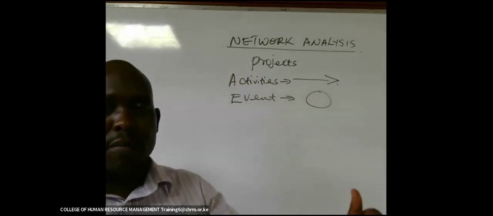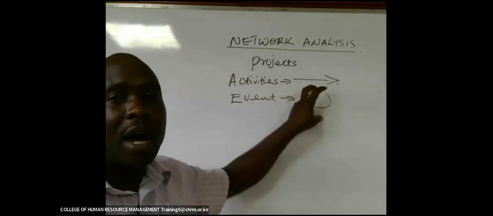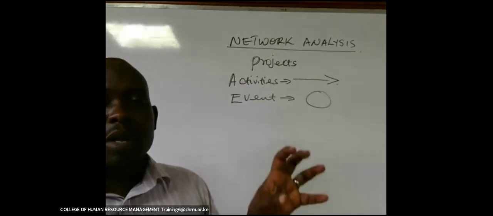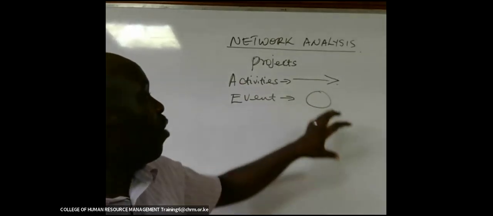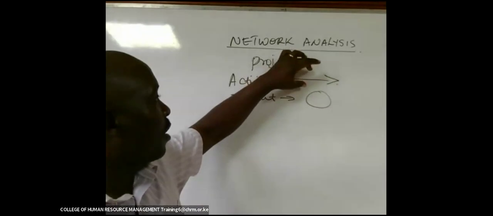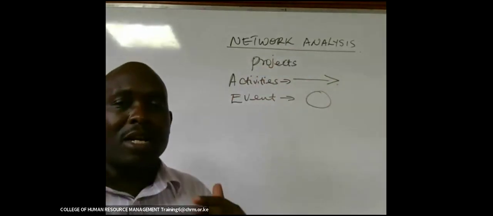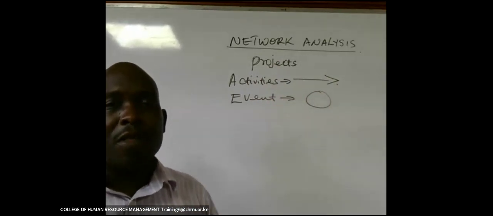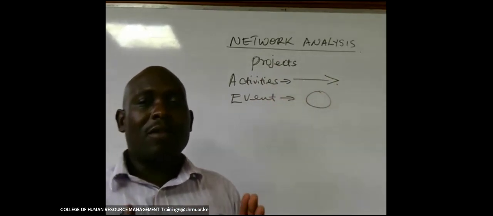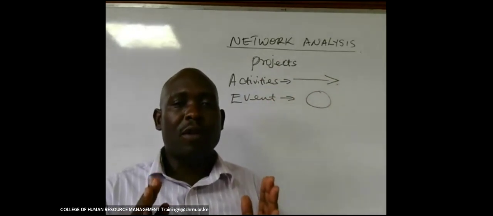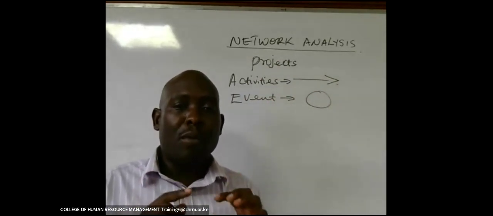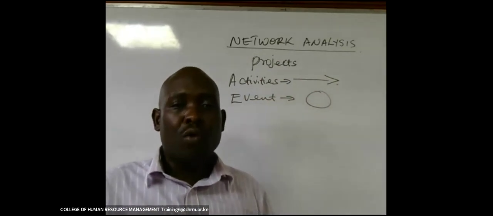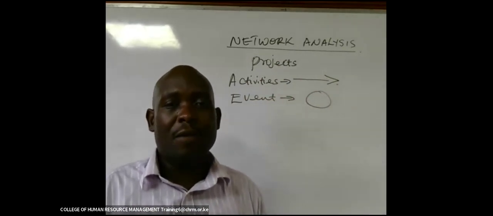When an activity is coming to an end, there must be a circle. So when we now draw a diagram with these activities and events which are interlinked, we are going to have a network diagram. That network diagram is like a pictorial representation of how the project will be undertaken from when it is going to start to when it is going to come to an end.